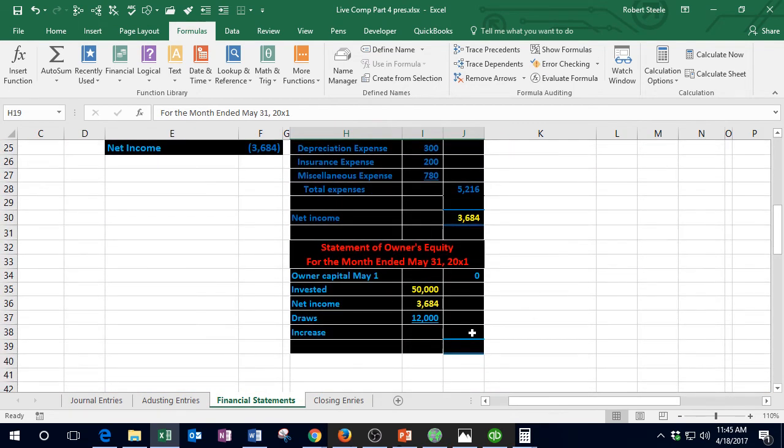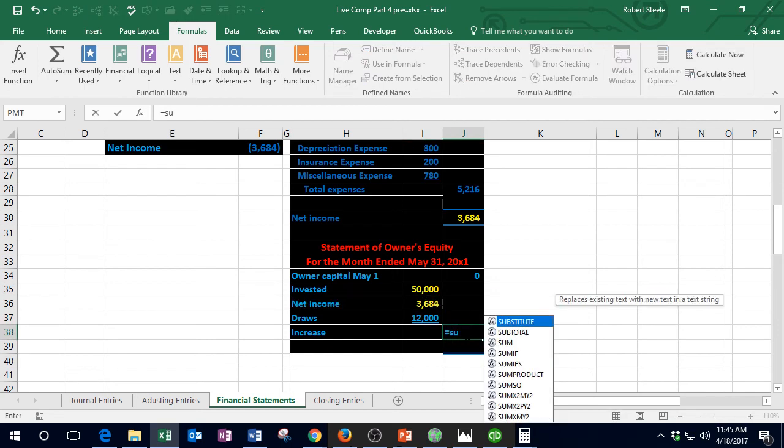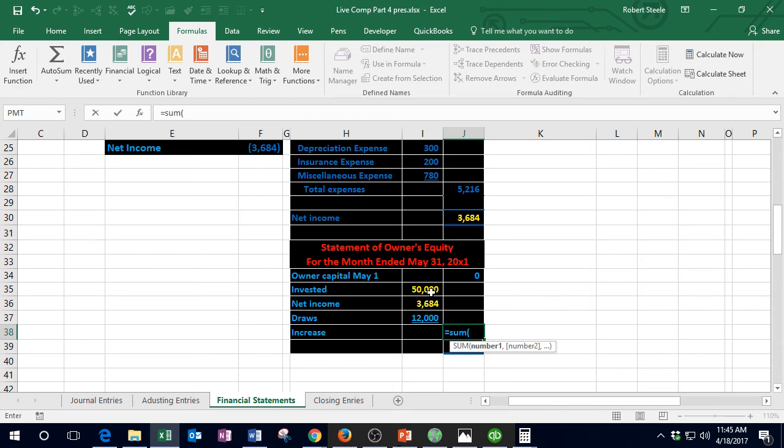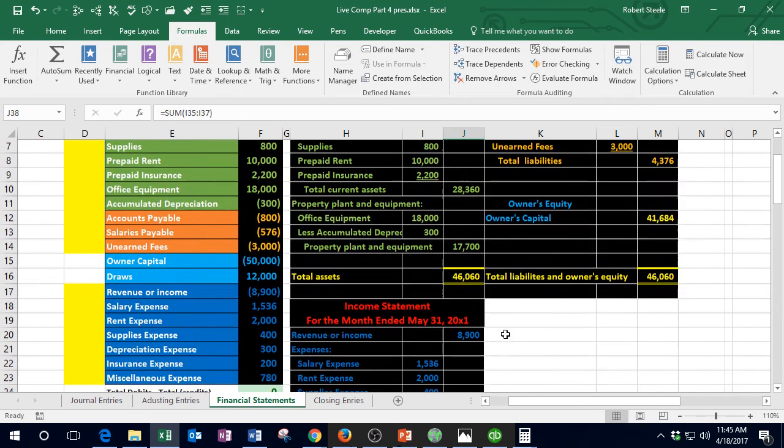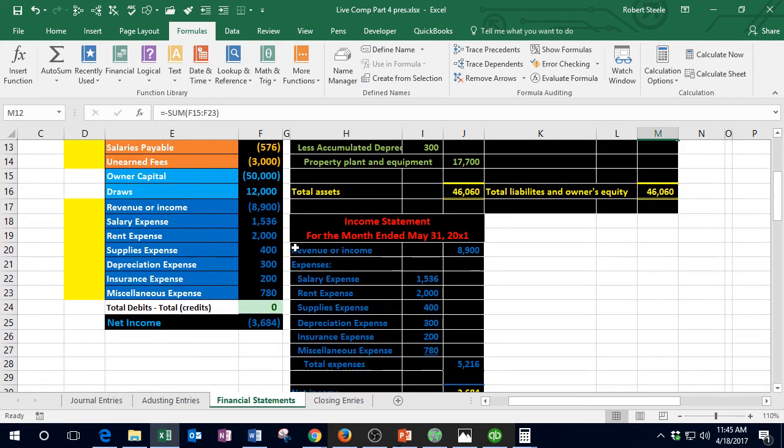All right, so now we're going to say that the net increase went up by the 50, it went up by the net income, and down by this number. So again, if I summed this up, like often what happens, we'd get a number that doesn't match if we just highlight all the accounts that are blue, all the equity accounts, the 41.